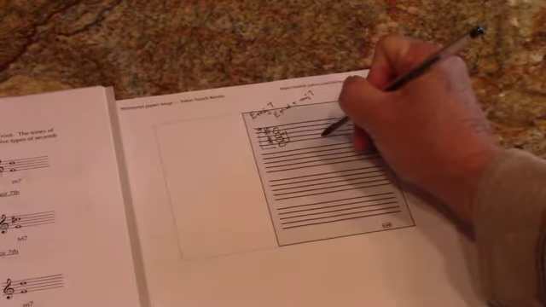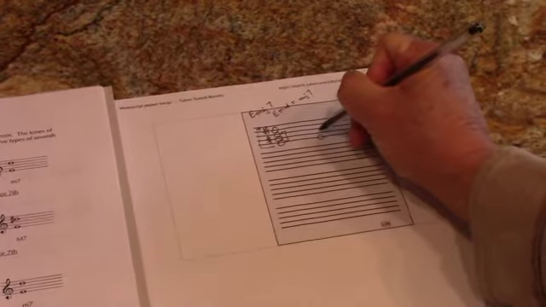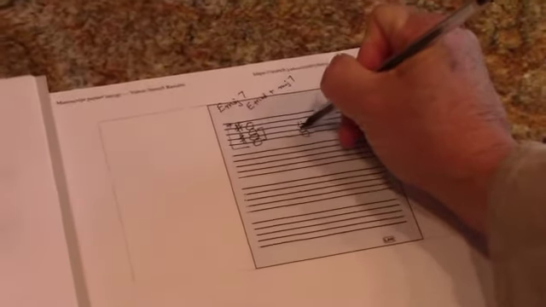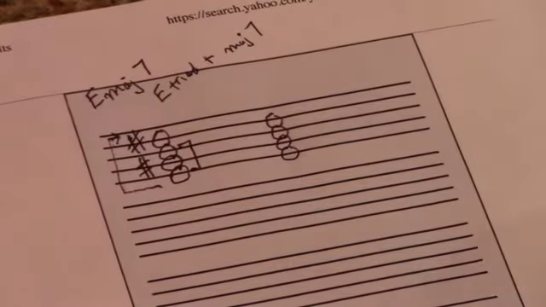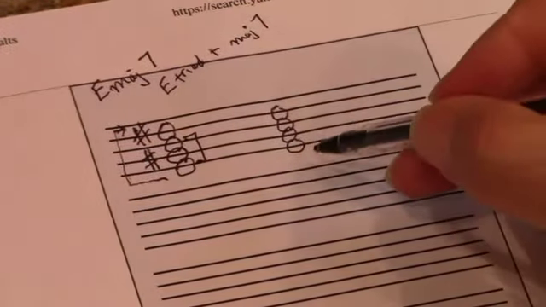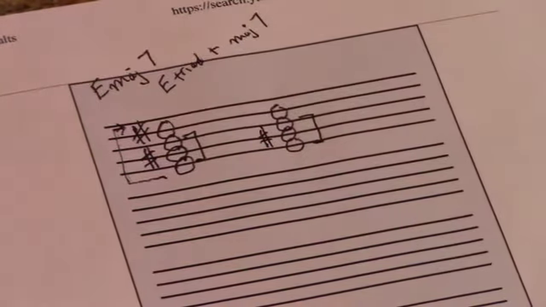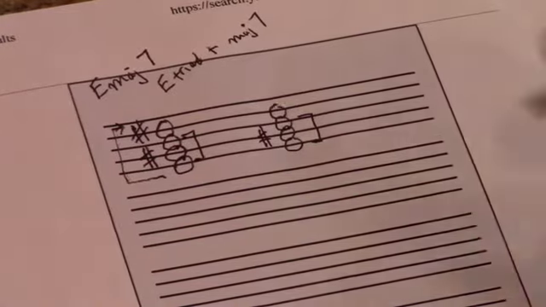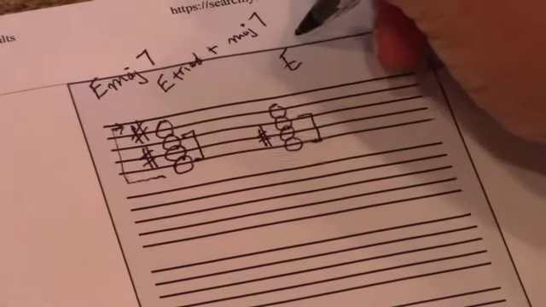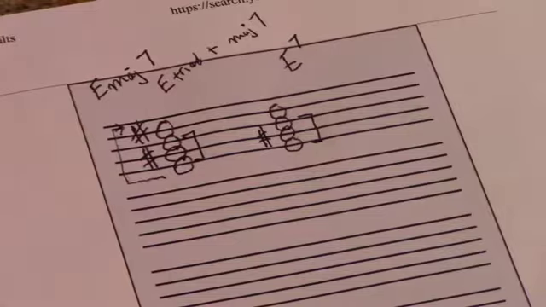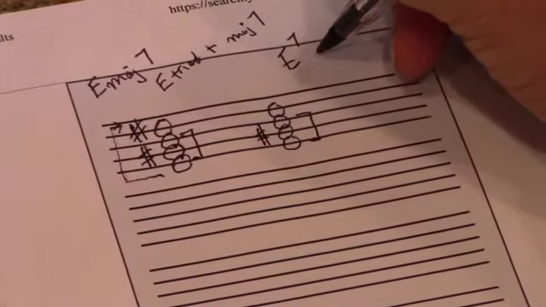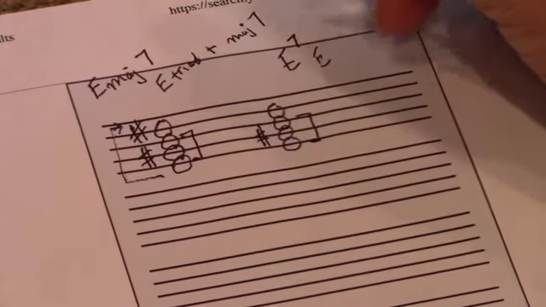So an easy conversion for you would be, you put all 4 notes on. You know it's a major triad, so we're starting on E again. So you're going to use G sharp to make a major triad. There's your major triad already. And this time it's going to be E7. So when you see a chord that's listed like that, that is a dominant 7 chord, we call it.